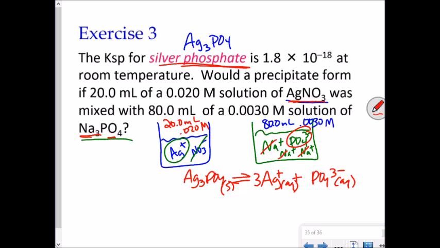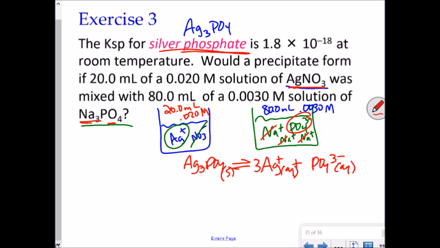Okay? So let's think about how we are going to figure out their concentrations once we put them together. When you dump two things together, what happens to the volume? The volume is going to increase. So we have to calculate it based off of the new volume to figure out the concentration. What's the equation we use when we're calculating the new concentration when we put new volumes together? M1V1 equals M2V2.